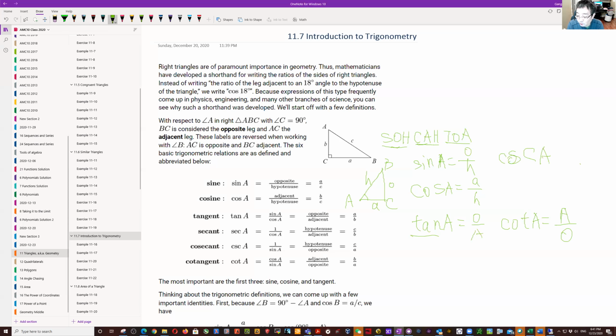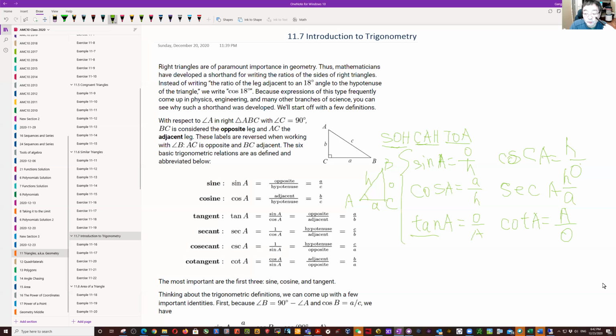CSC A is equal to hypotenuse over opposite. And the reciprocal of cosine is secant, SEC. Secant A is hypotenuse over adjacent. So this is how you remember the definitions.